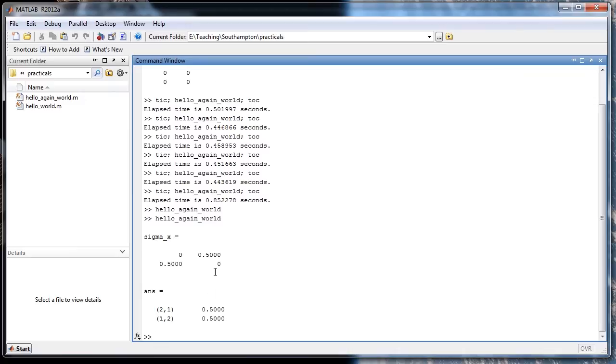Now look at the fairly peculiar difference here. Sigma x printed us the matrix. And yes, there is a non-zero element here and a zero element here, but other than that it is just a matrix. However, sparse sigma x has given us a pair of indices and a value.